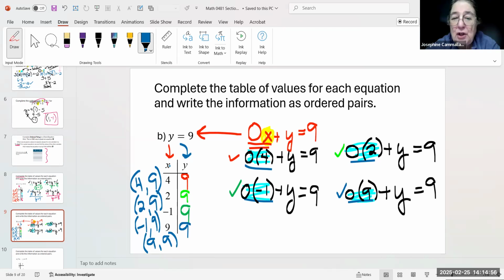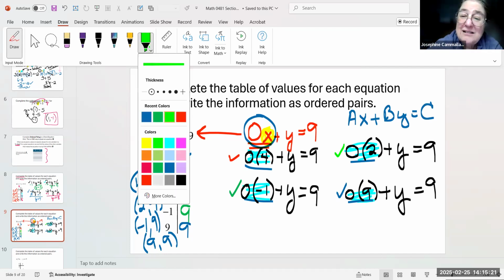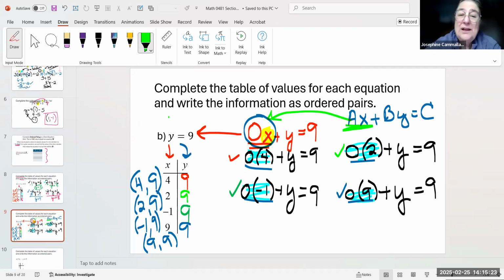That's why you need to understand this term is understood. So when you're asked to complete a table, you still have to write your equation in ax plus by equals c. And if there's a term like here, my x was missing, I have to know that that 0x exists.